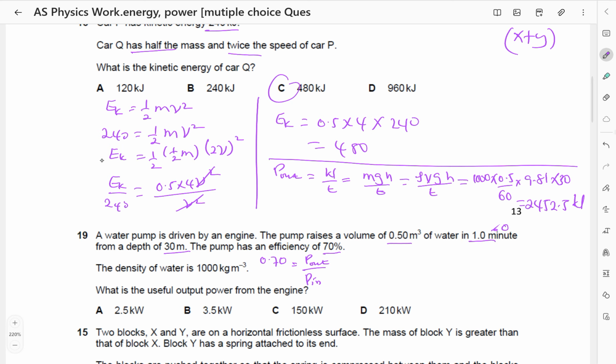We shall now just substitute this into this formula here. So I make power input the subject. They said what is the useful output power from the engine.